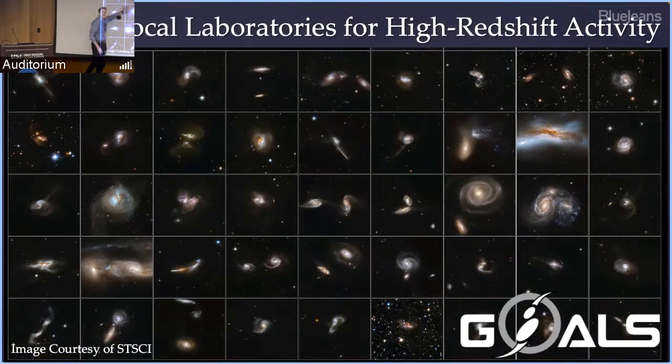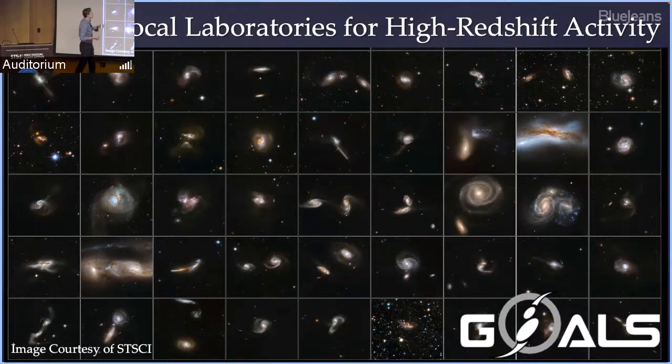So these kinds of systems become much more representative of high redshift galaxies, and the conditions with which stars form in these galaxies become much more relevant to understanding how star formation happens at higher redshifts. So if we can understand the details of these very nearby galaxies, we can start to understand the physical conditions of star formation at higher redshifts.